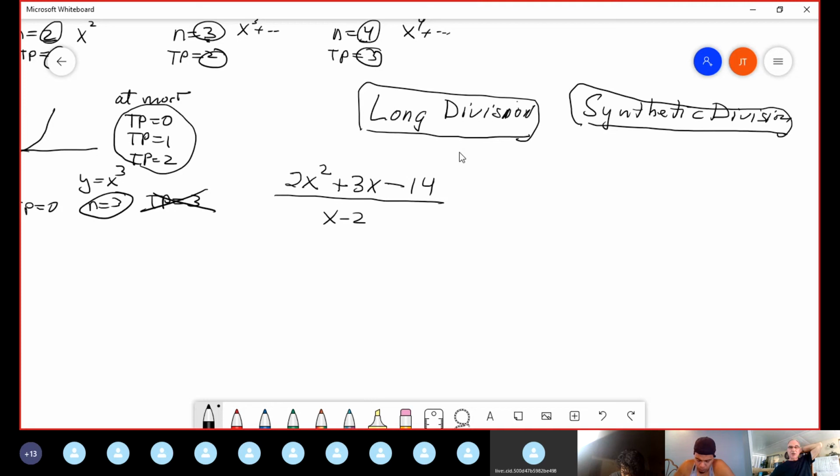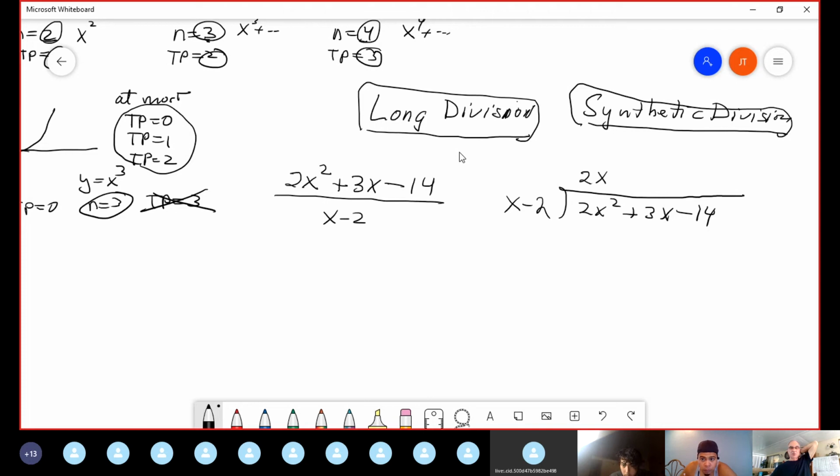So, long division. You create the typical format for the long division. This is the divisor, this is the dividend. The dividend you copy inside the box, 2x squared plus 3x minus 14, and outside you copy the divisor. And you start the division. You write an expression that multiplied by the first term gives this.